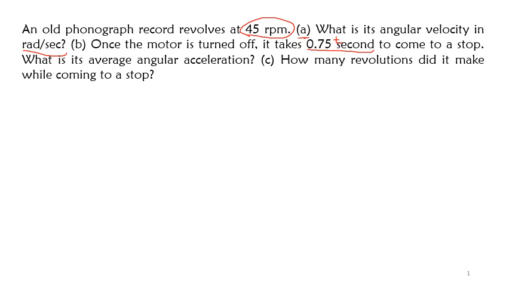And coming to a stop means that its angular velocity becomes 0, omega becomes 0. This we can target as the final angular velocity, omega f. And the 45 revolutions per minute is omega subscript i. So you can obtain the angular acceleration alpha.